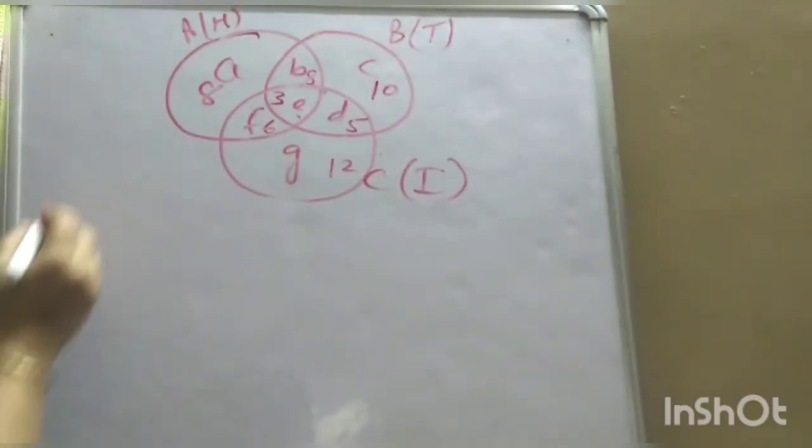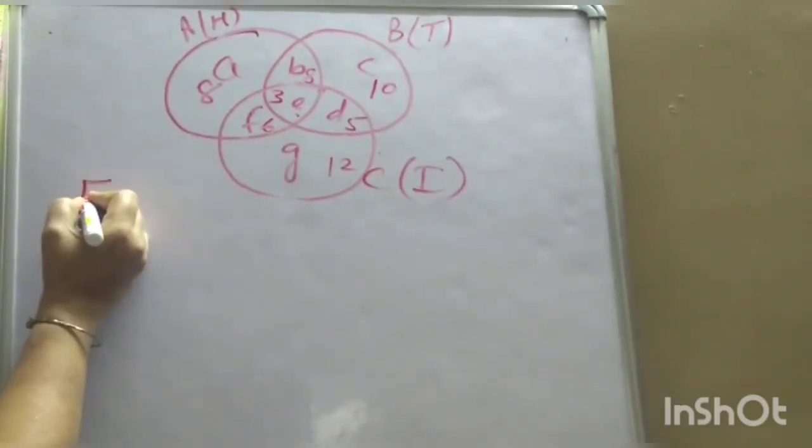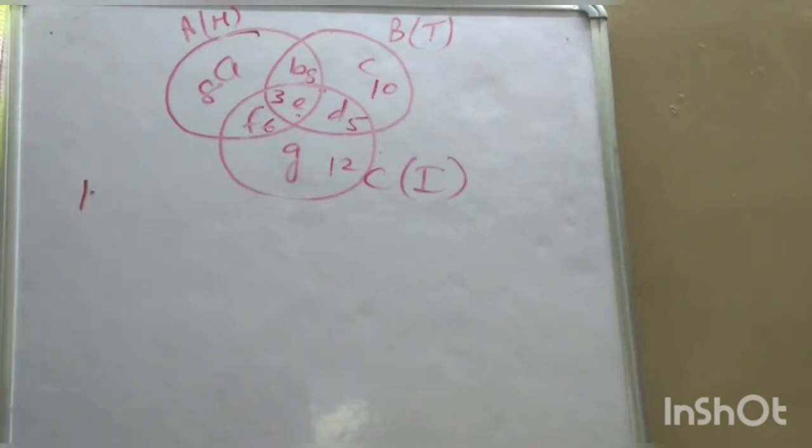First part is to find the number of people who read at least one of the newspapers.